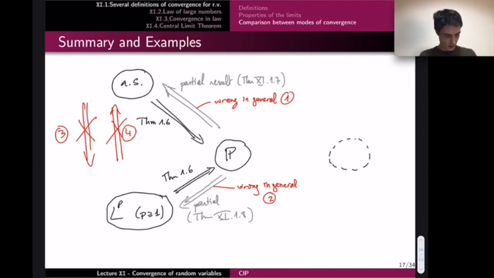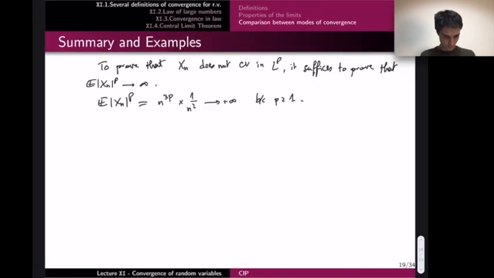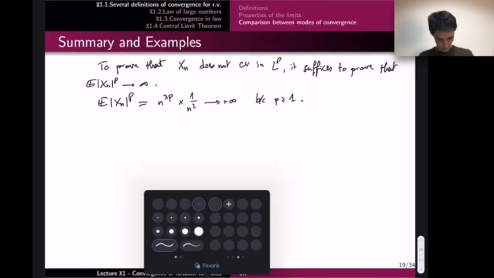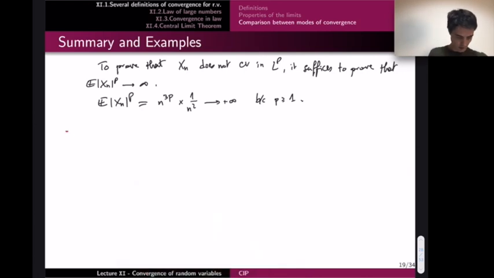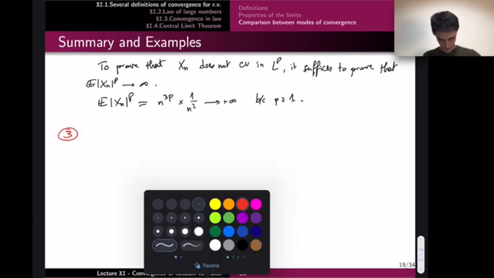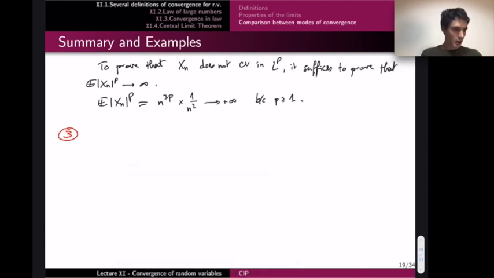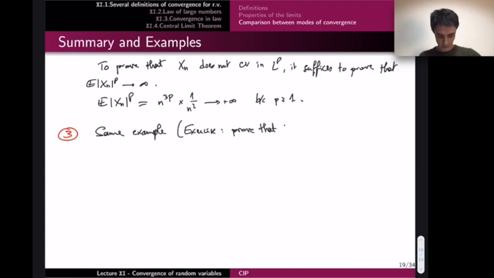My third example is a sequence which converges almost surely, but not in LP. Let's go for this. Actually I can take the same example. Exercise: prove that the sequence converges almost surely.